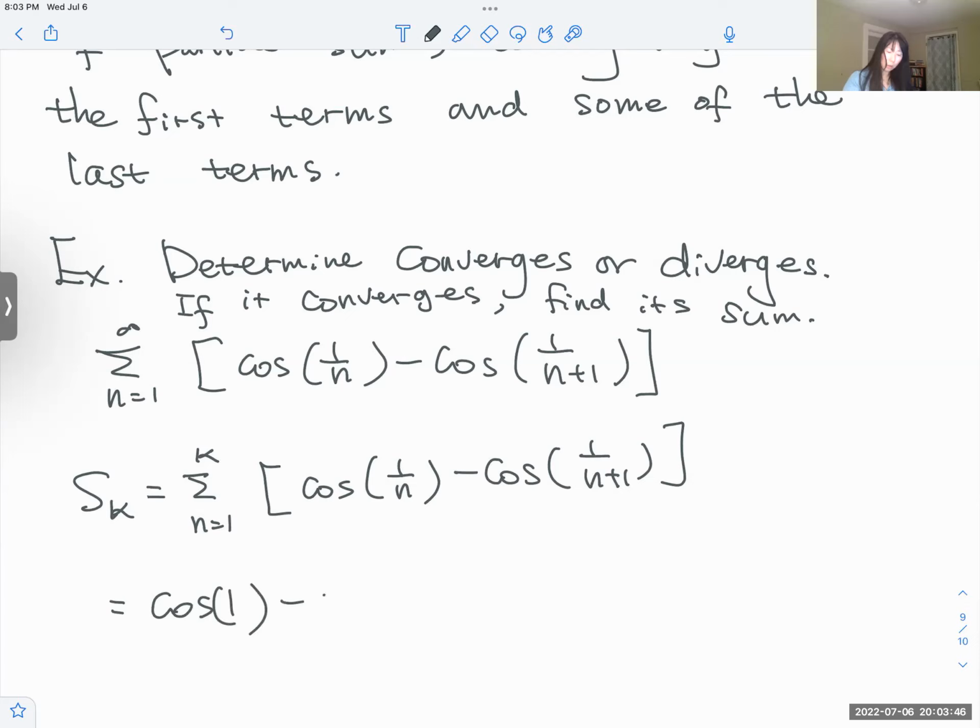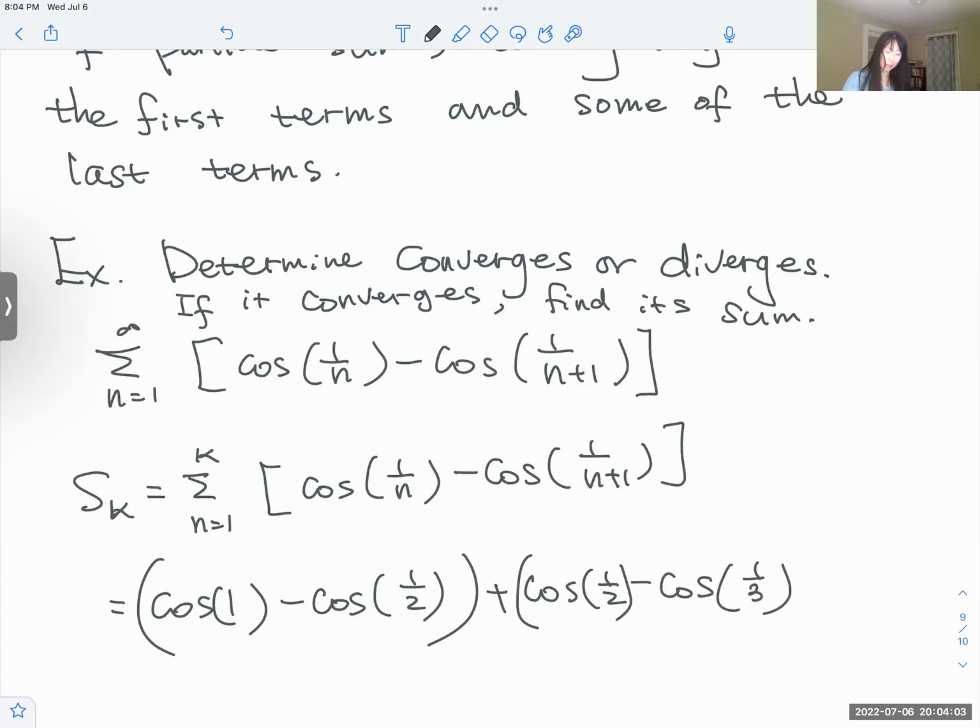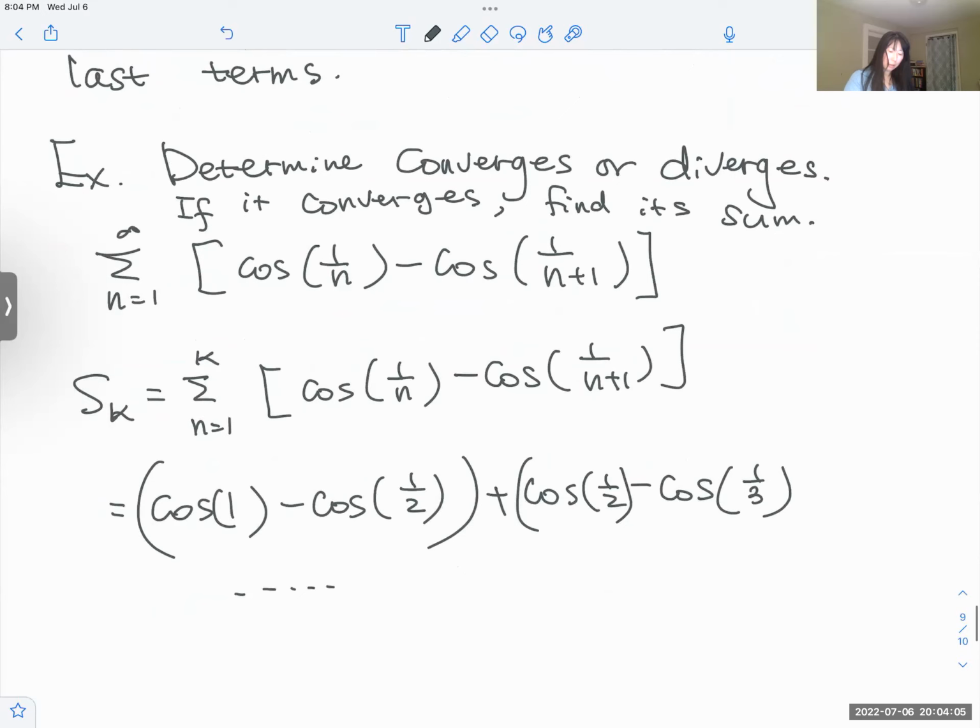And n equals 1, cosine 1 over 2. And when n equals 2, we have cosine 1/2. And we have a pattern, right? 1/3. Plus cosine 1 over k and cosine 1 over k plus 1, right?